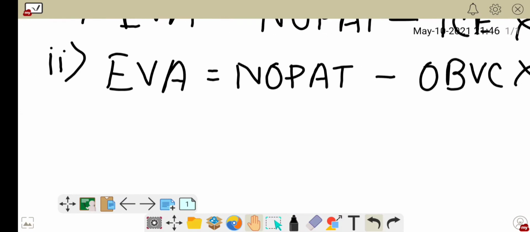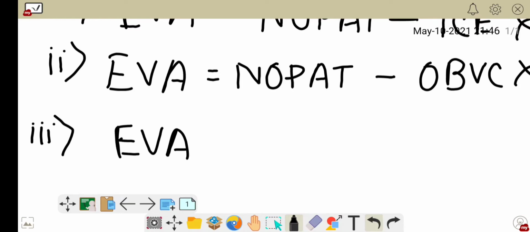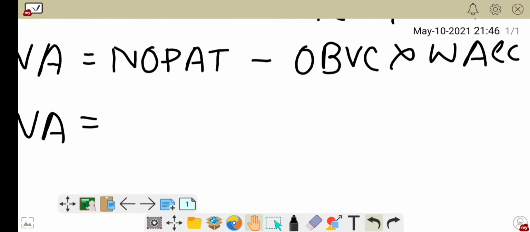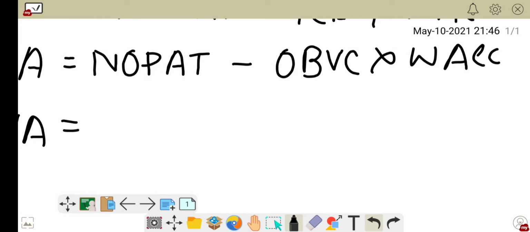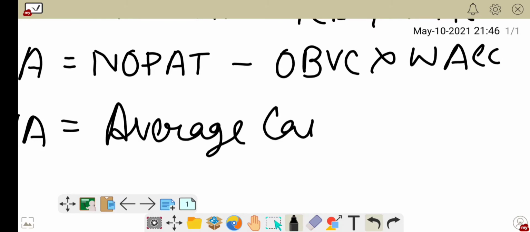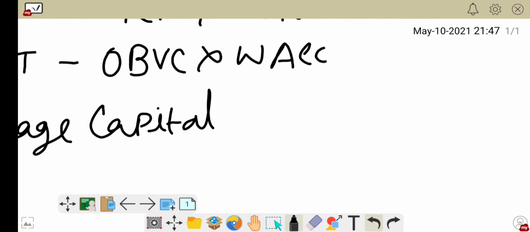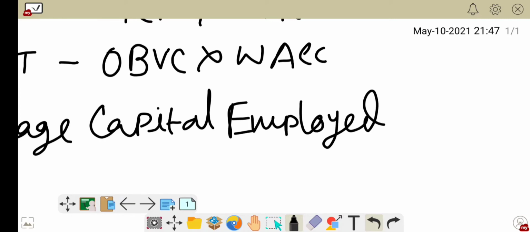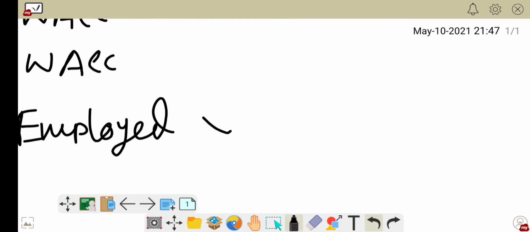And the third one is EVA equals average capital employed multiplied by the EVA spread.